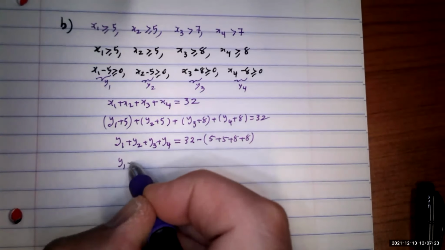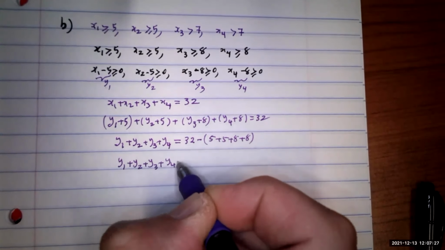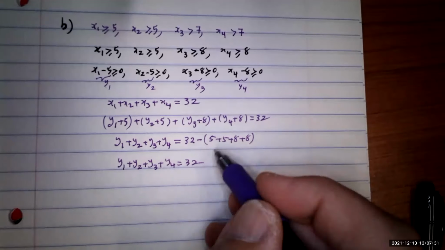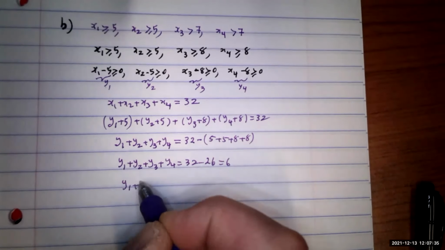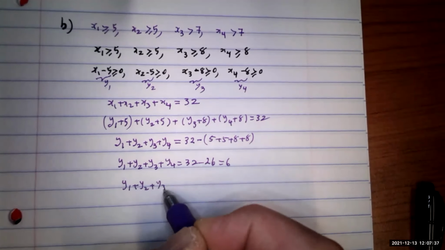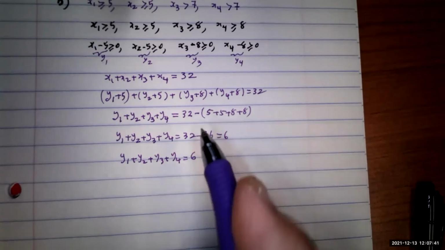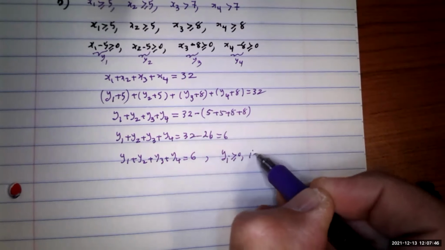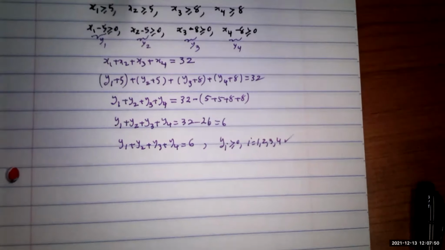So that gives you y1, y2, y3, and y4 equal to 32 minus 26. So that gives you 6. So you end up with solving this equation: y1 plus y2 plus y3 plus y4 equals 6, with the condition that all yi is greater than or equal to 0 for i equal to 1, 2, 3, and 4.